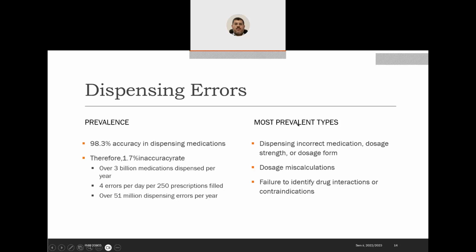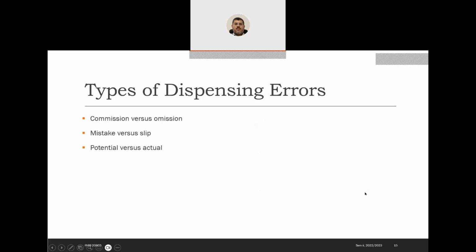The most relevant types of these dispensing errors are dispensing incorrect medication, incorrect dosage strength, or incorrect dosage form. There may be some dosage miscalculations or failure to identify drug interactions or contraindications.